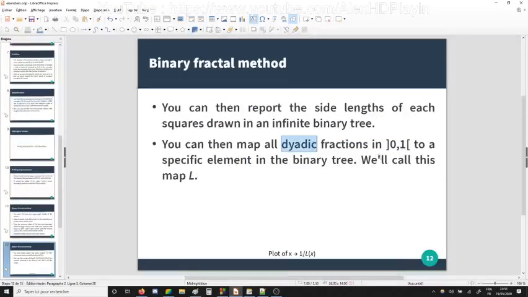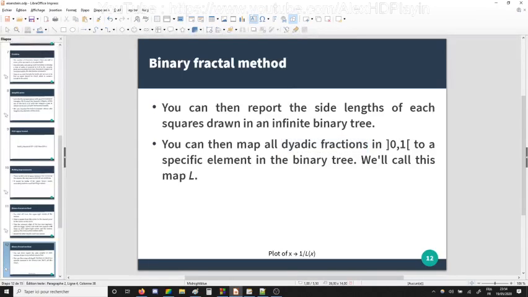So a dyadic fraction is a fraction which is an odd number divided by a power of 2. So for example, 2/3 is not a dyadic fraction because 3 is not a power of 2, but 1/4 is something odd over a power of 2, so it works.